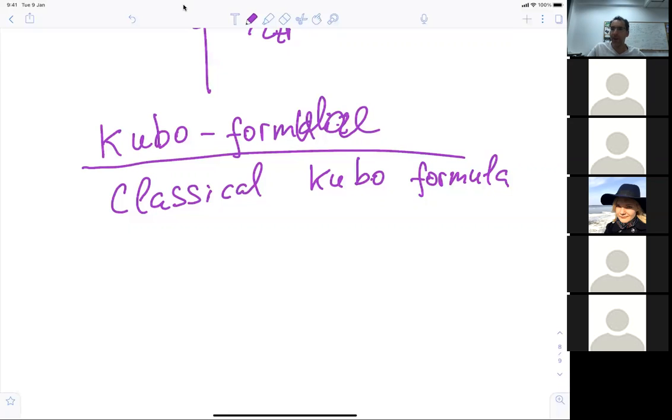What about other people? They keep silent. I didn't hear of it. Okay, so people didn't hear about it. Good. Then for you, it would be the first time you learn about the Kubo approach.